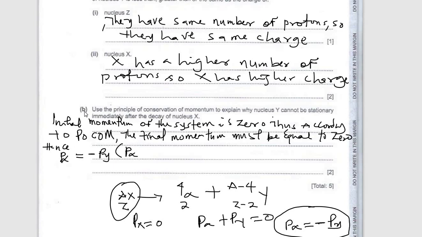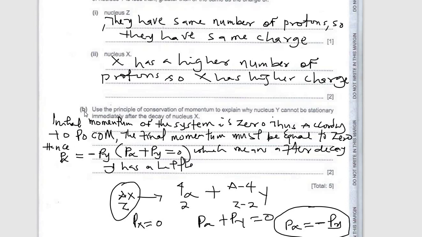At the end of the day, momentum of alpha particle plus Y equals 0, which means after decay Y has a little momentum before coming to rest. That should suffice with the analysis.